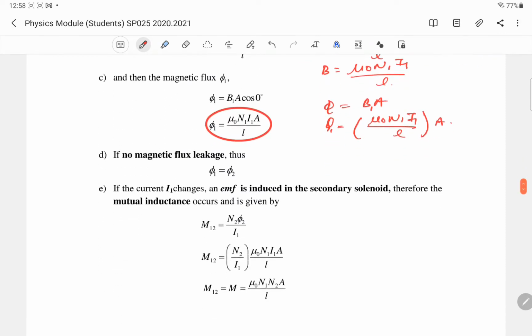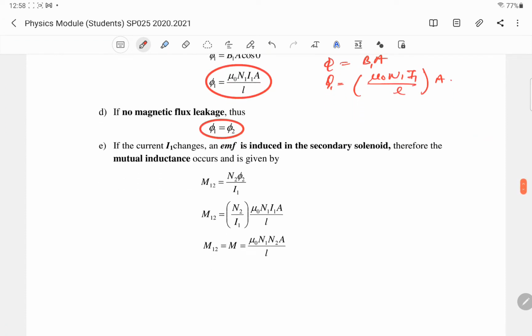Alright, so if there is no magnetic flux leakage, flux 1 equals flux 2. So if the current I1 changes, the EMF is induced in the secondary solenoid, therefore mutual inductance occurs and is given by M equals N2 flux 2 over I1, which is the same as N1 flux 1 over I2.